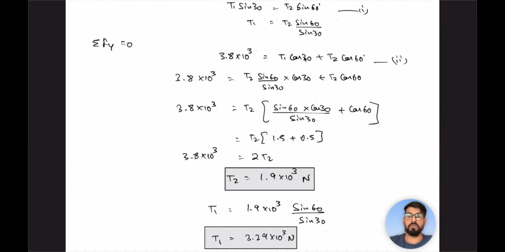Have you understood what I did here? Once you got T2, you can plug this value into this equation to find T1. Once you solve this, you will get 3.29 into 10 raised to power 3 Newton. So you can say 1900 Newton and 3300 Newton are the values of T2 and T1.